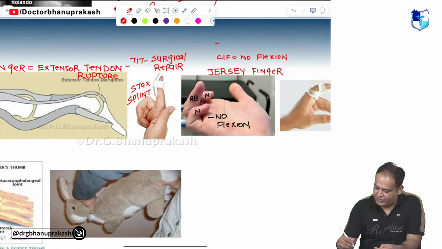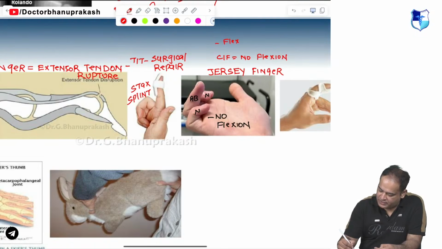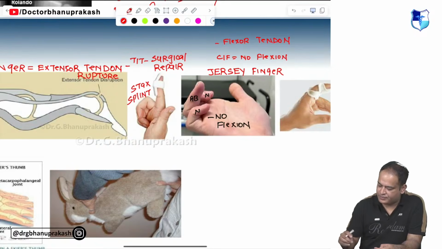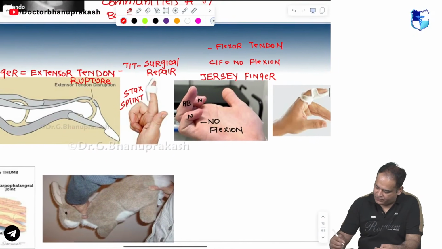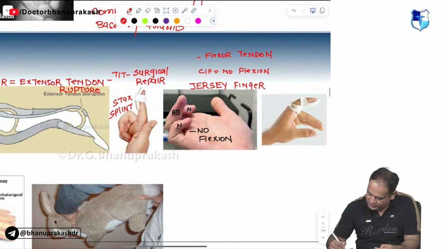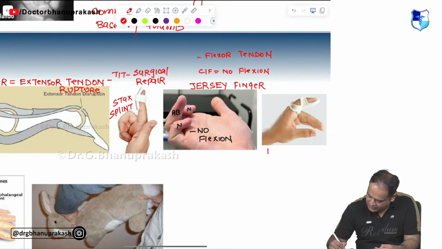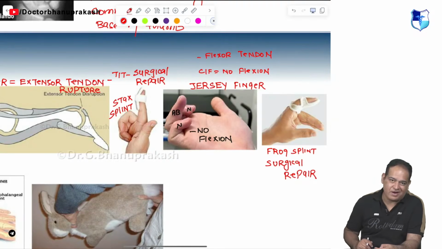Why no flexion? Because there is injury to the flexor tendon. Now, what is the treatment of jersey finger? Treatment of jersey finger is frog splint after surgical repair.